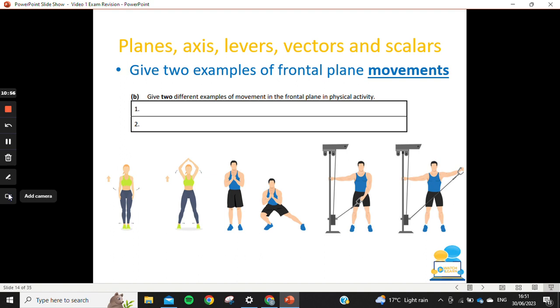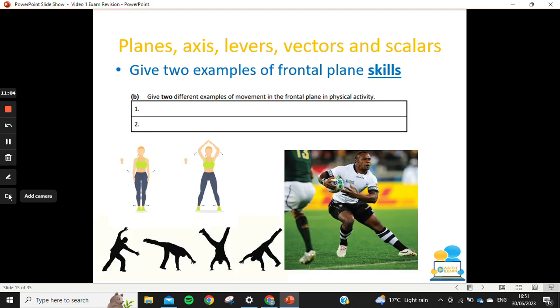The lateral lunges is another example of a resistance training movement, or a lateral raise is another example of a movement in the frontal plane. Now if we're looking at skills in the frontal plane, we will be looking more at something like a cartwheel or a sidestep in rugby. So they're actual skills that are performed in a sport.